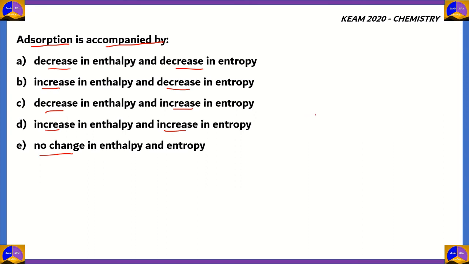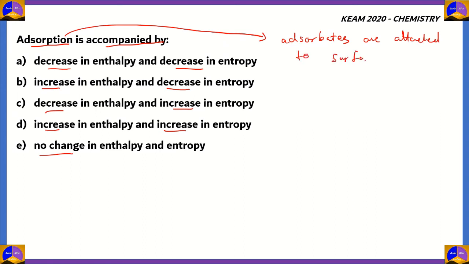Well, in order to solve this question, we need to analyze adsorption in detail. So basically, adsorption is the process in which molecules called adsorbates are attached to the surface of an adsorbent, which is a larger or a different compound that can attach molecules of the adsorbate on its surface.